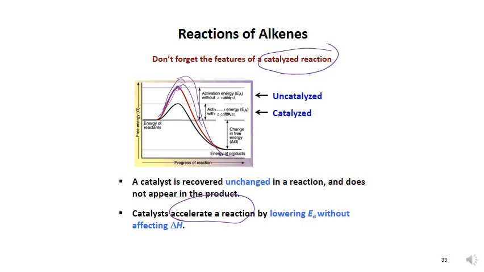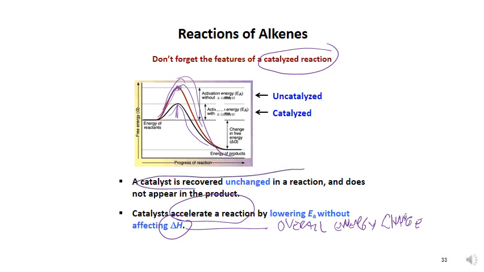Whereas whenever you have the catalyst, it's easier to get over what's known as an activation barrier, to then start down to make the products that you want. Notice that the overall energy change, that's what enthalpy is, doesn't change, nor does it change the reaction itself. All the catalyst does is make it easier. And the catalyst is recovered unchanged.